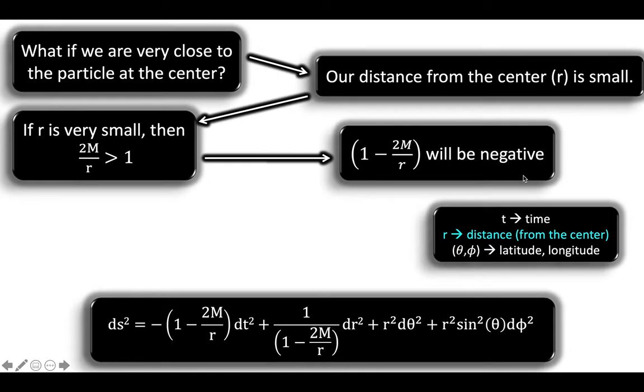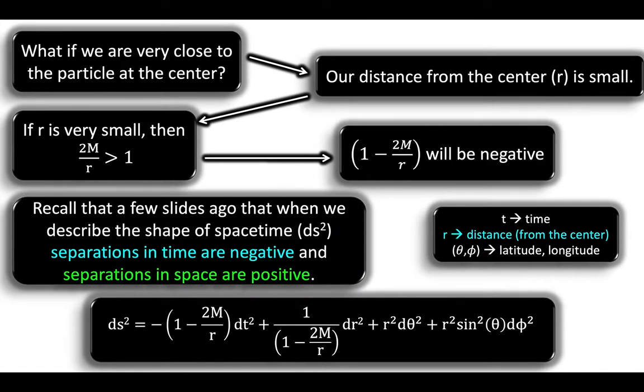Now, at this point, we could put that idea on the side. And remember from a previous lecture, we said that separations in time, we need to write as negative. So here's something that describes my separation in time. There's my negative sign.